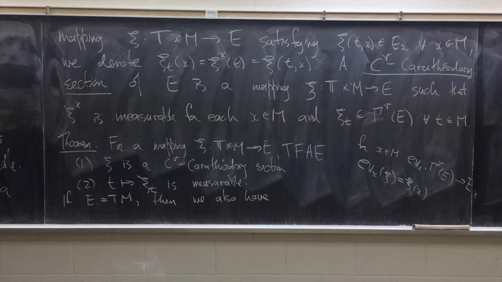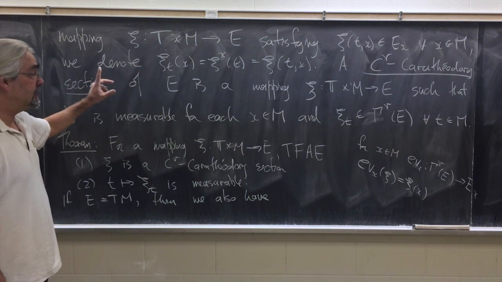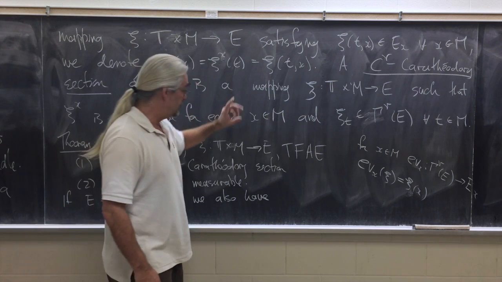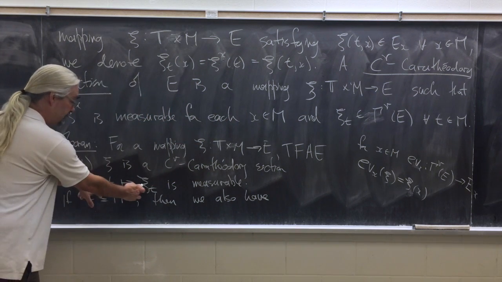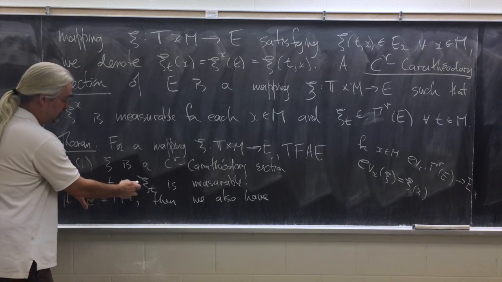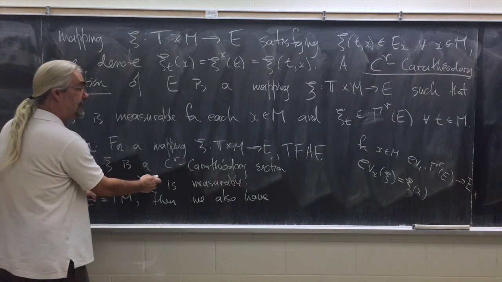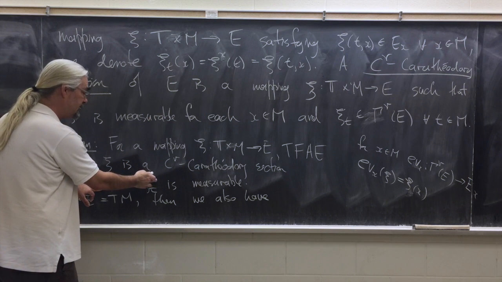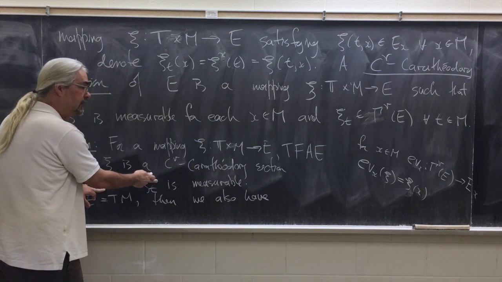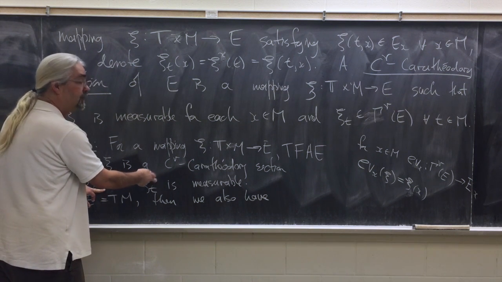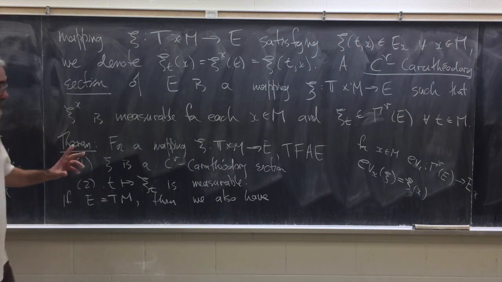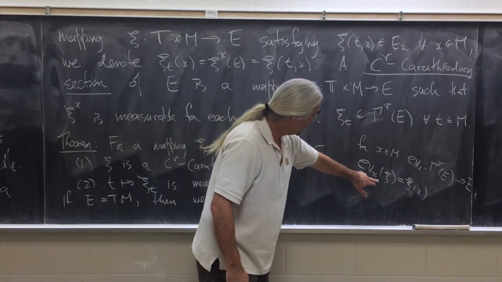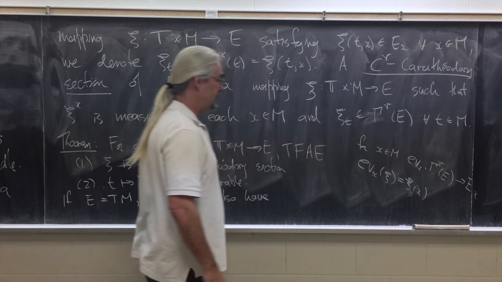So this definition is saying that the composition of this mapping from time into the space of sections into E sub x, the definition of a Caratheodory section, is that that mapping is measurable for every x. So really what you're thinking about are the properties of these evaluation mappings.